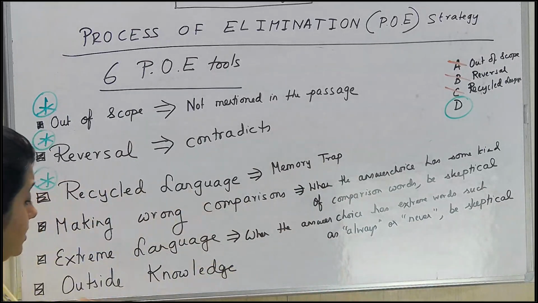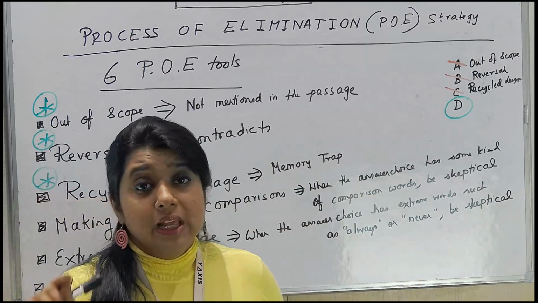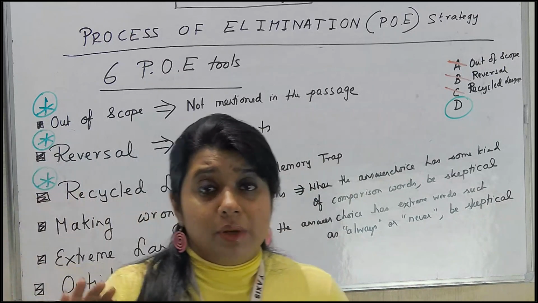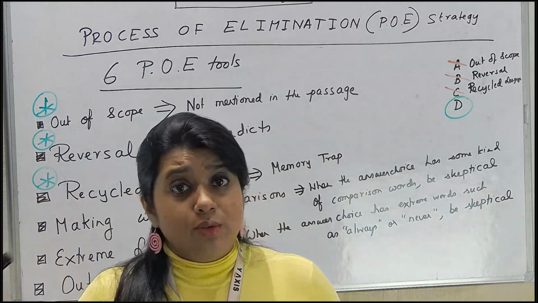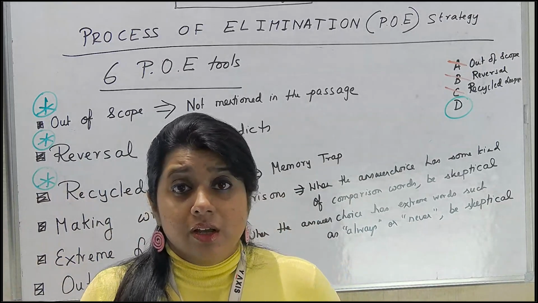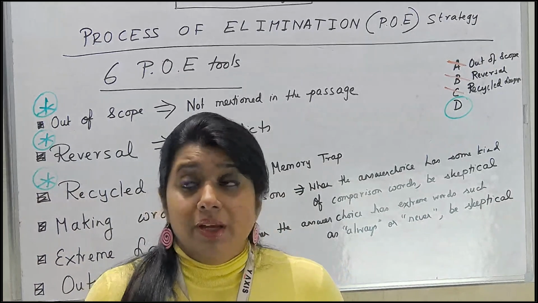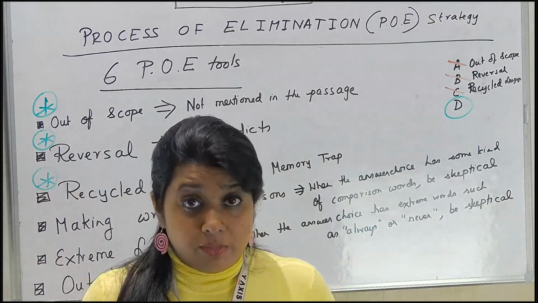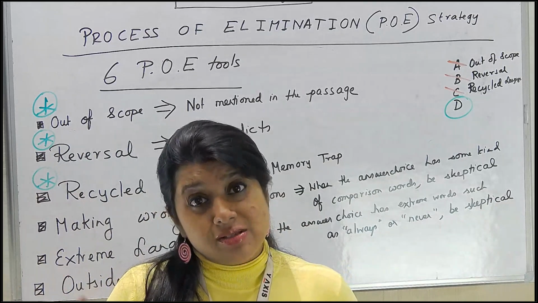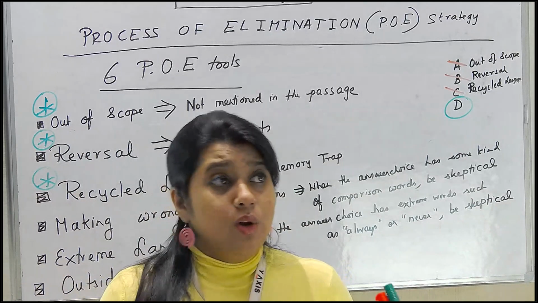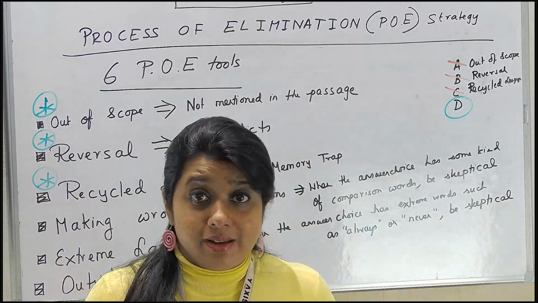And last but not the least, outside knowledge. So one golden rule you have to remember, never ever pick an answer because you know that to be correct. Your outside knowledge should not influence you. Maybe you have a reading passage on insomnia, suppose, and one answer choice is saying stress causes insomnia. Now all of us know that stress causes insomnia, that is correct.